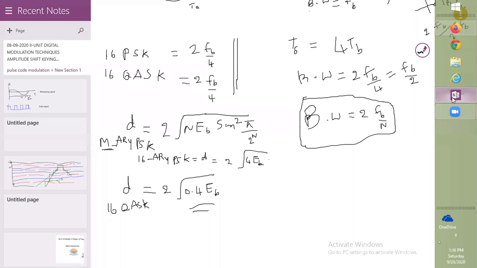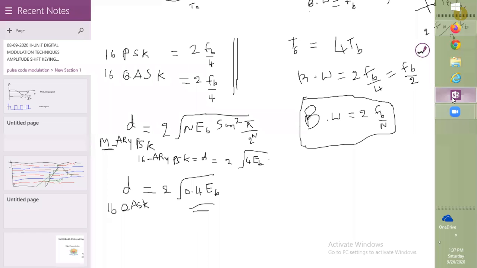Calculate and tell me. Which one is better? The one with maximum distance is advantageous compared to the other because the bandwidths are same. For 16 array PSK, what is the distance in terms of EB, and for 16 QASK, what is the distance in terms of EB? Which one is the maximum value?